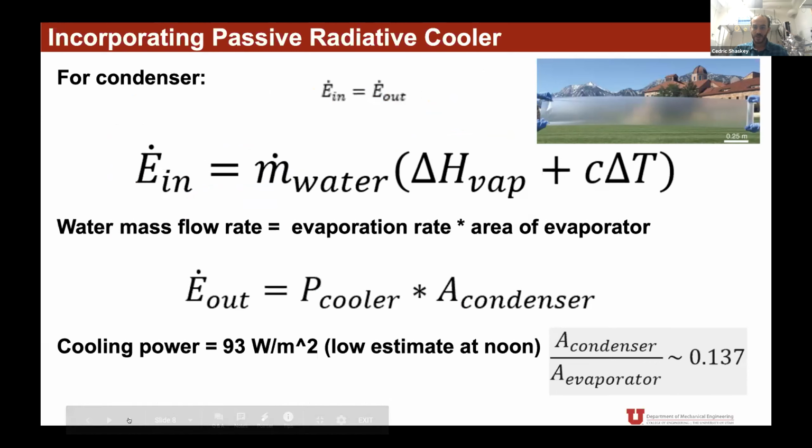The passive radiative cooler is a material that you can see up in the upper right-hand corner, which is essentially just glass microbeads sandwiched between 2 layers of plastic. What it does is it emits radiation through the atmospheric transparency band. It allows it to cool a surface below ambient temperature.